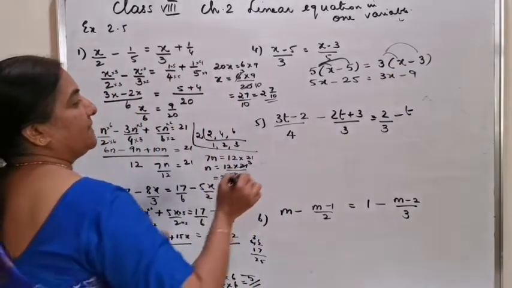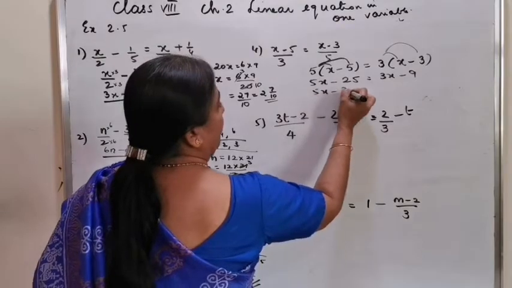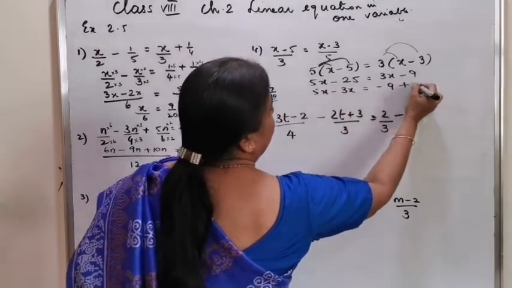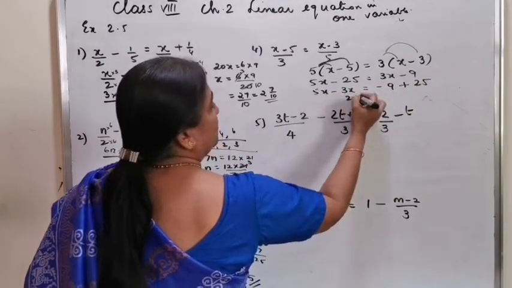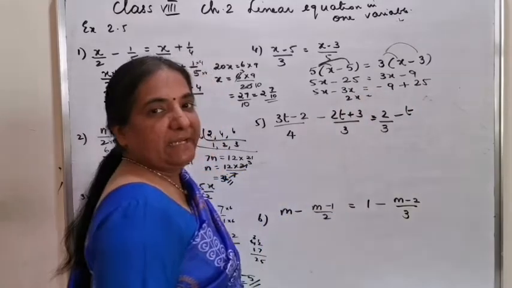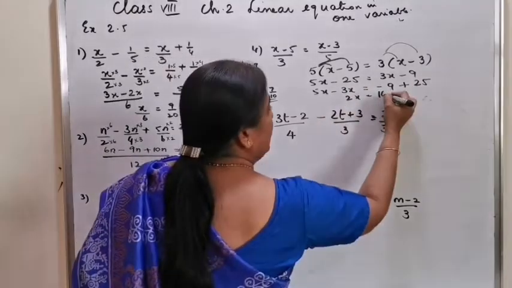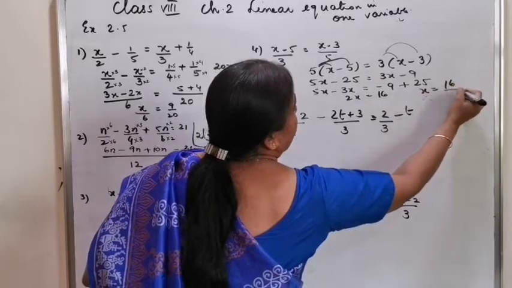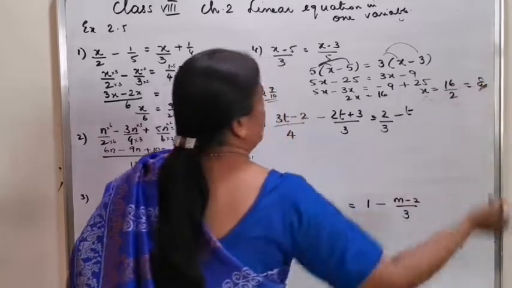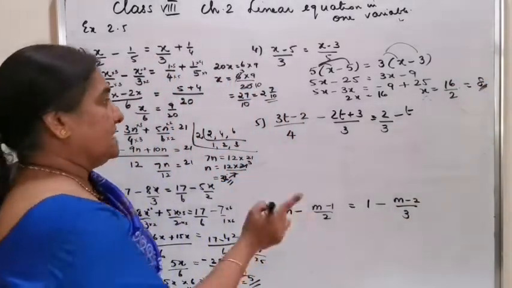Or 5x minus 3x is equal to minus 9 plus 25. 2x is equal to 25 minus 9 is 16, or x is equal to 16 by 2, which is equal to 8.